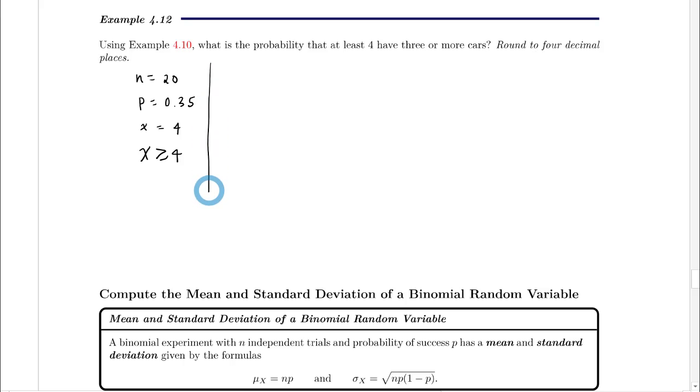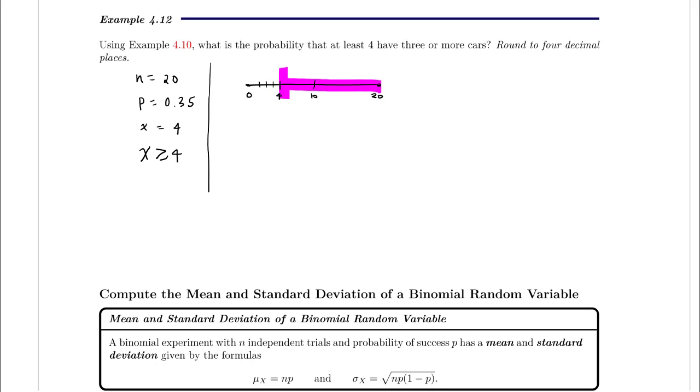And so if you need to see the number line, we can do the number line. Here's 0, then 20, here's 10, and here's 4. So at least 4 would mean that it includes 4 and everything more.